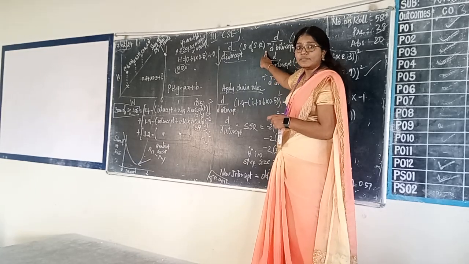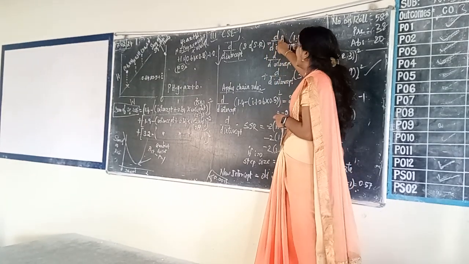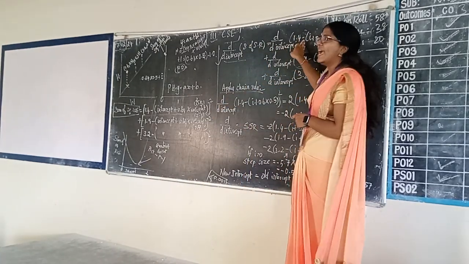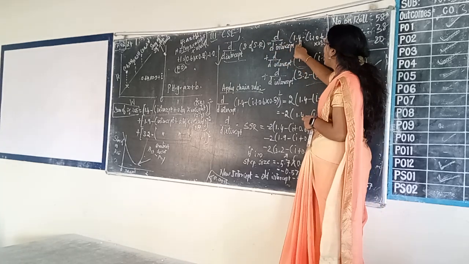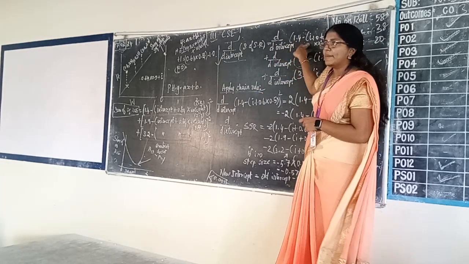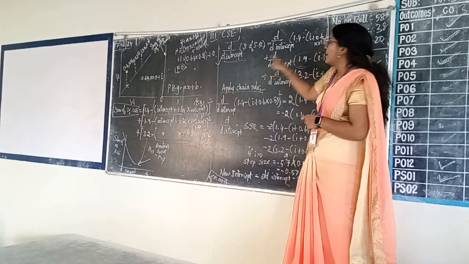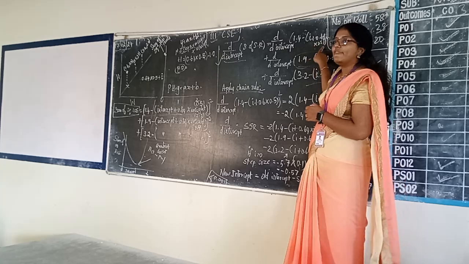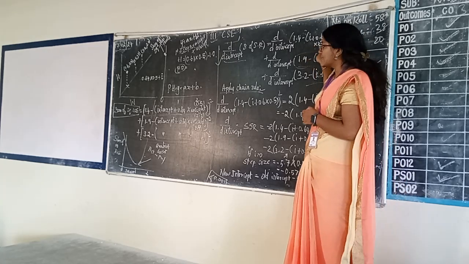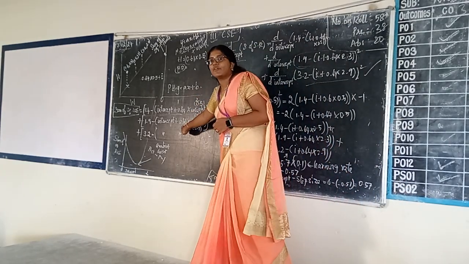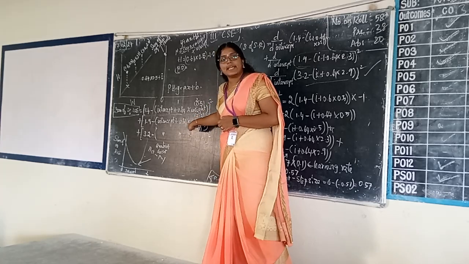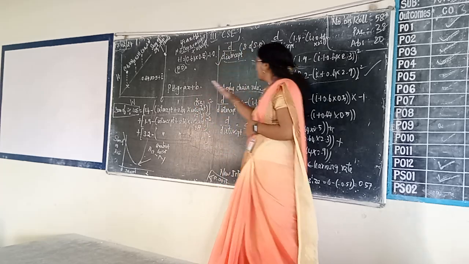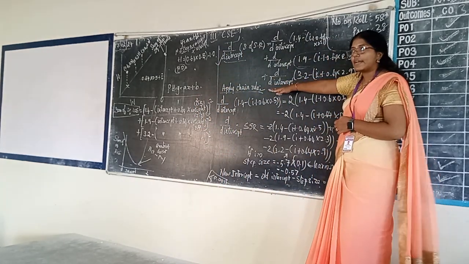Apply the derivative d by d intercept of the first data point, the same thing I have written here: 1.4 minus (intercept plus 0.64 into 0.5) whole square, plus d by d intercept of the second data point plus d by d intercept of the third data point. Clear until this?